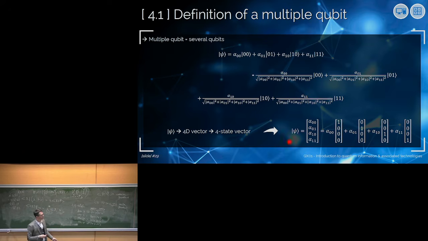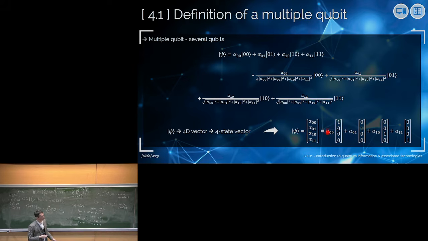Now what I observe is that what I have is actually a so-called 4-state vector, or 4-dimensional vector, because I've got 4 parts. So I can write it as alpha 0,0, alpha 0,1, alpha 1,0, and alpha 1,1.